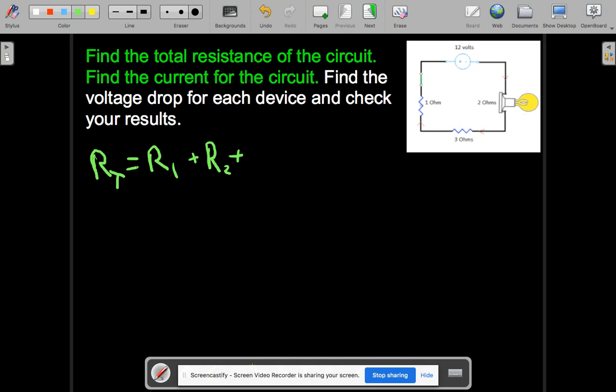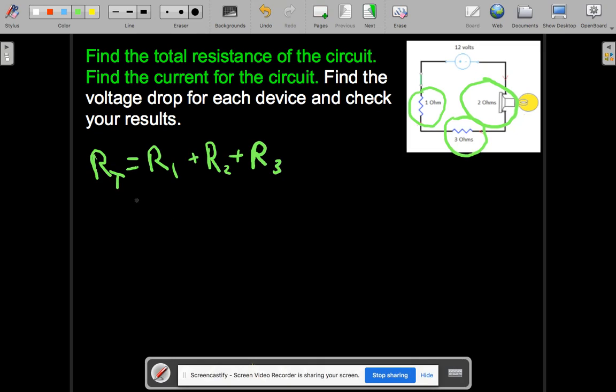If we look, we've got one resistor here, we got another resistor here, and we have another resistor here. So that's our 3 different resistors. In this case we're going to have a third, R3, as well.